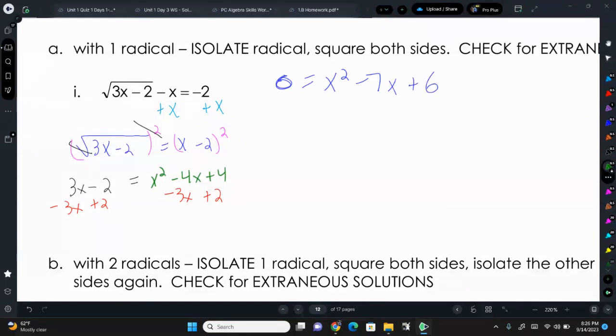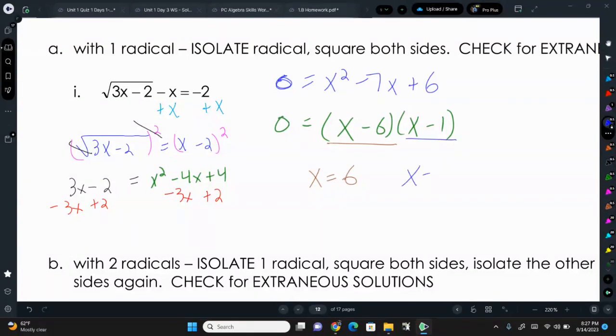And then we can solve that by factoring: x minus 6 times x minus 1. And then our two solutions will be x equals 6 and x equals 1.